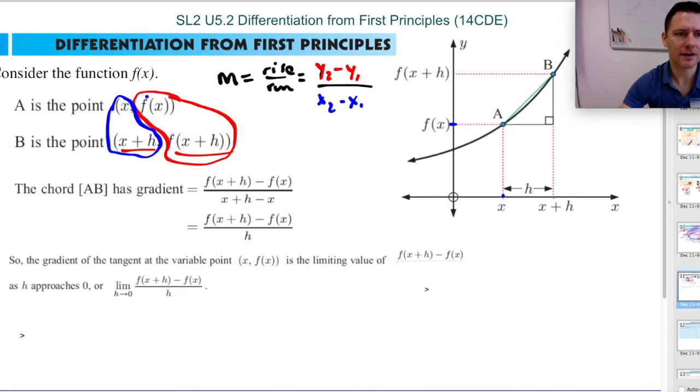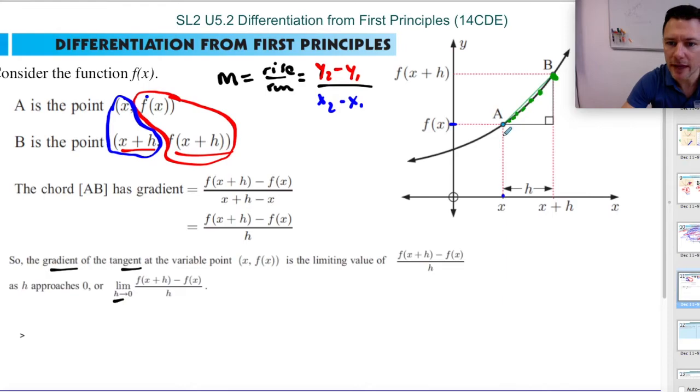And what they say is that the gradient of the tangent at this point is the limit of this as h goes to 0. And what all that jargon means is when h goes to 0, this distance gets smaller and smaller and smaller. So first b is here, and then we want b to be here, and then here, and here, and here, and here, and here.